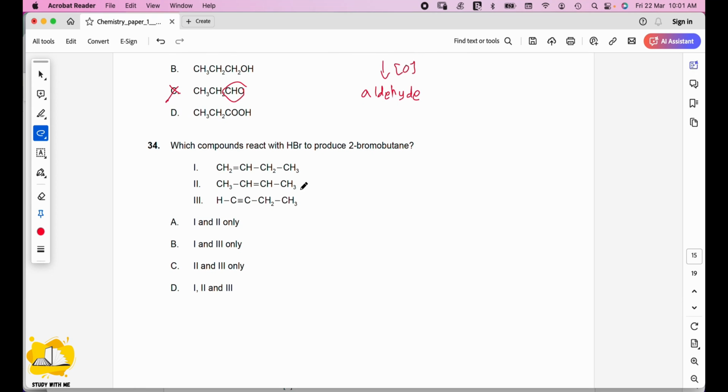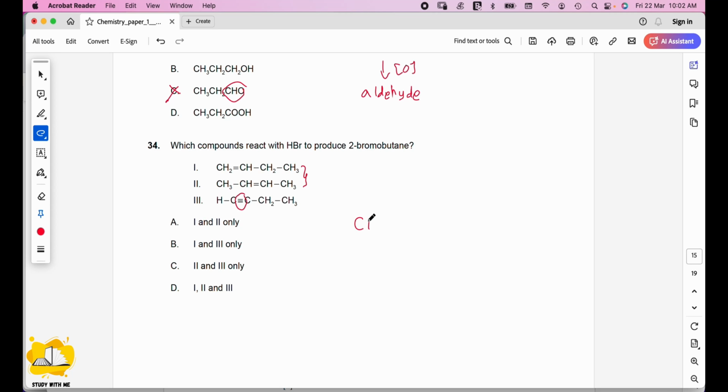Which compounds react with HBr to produce 2-bromobutane? When you just see these three reactions, you definitely know reaction number 3 is not going to work because it's an alkyne. So let's check these two alkenes.